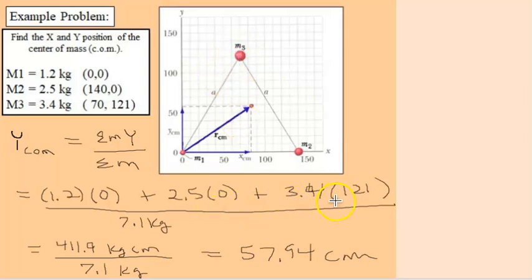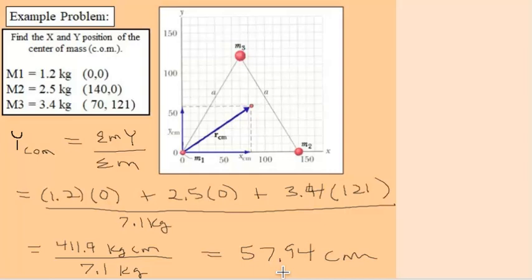But we're going to weight the 121 by 3.4, so that's going to shift it up, which is why it doesn't end up so close to the x-axis, because M3 is so massive. And again, don't forget to divide by the total mass because it's an average, and the kilograms cancel, and the vertical location of the center of mass is 57.94.